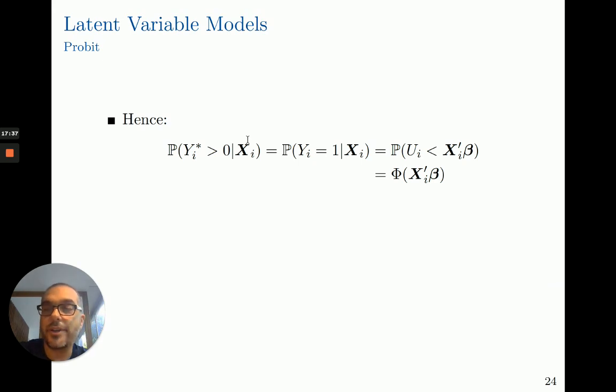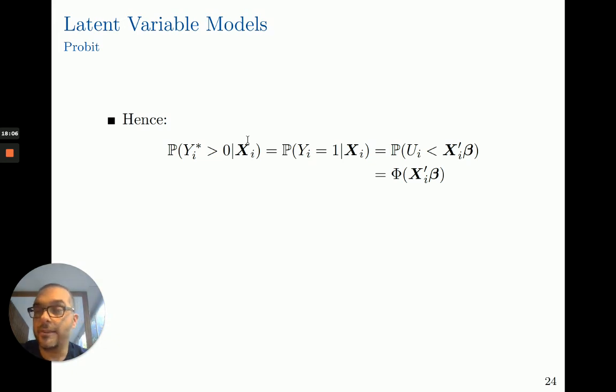So the logit you can derive from the odds ratio. The probit we can derive from latent variable models, and as we are going to see, the latent variable model is very interesting to interpret these models as choice models. As we are going to see, this y star can be differences in utilities concerning different choices.